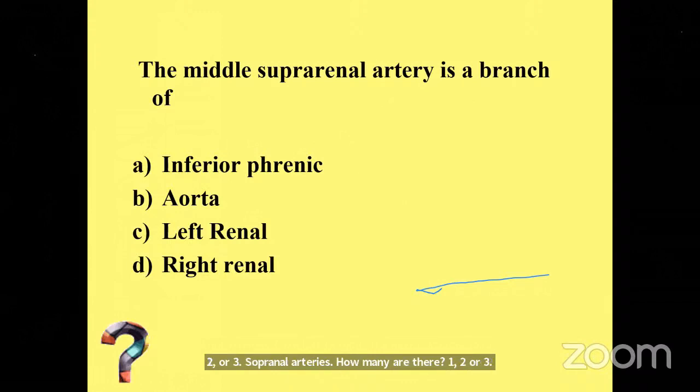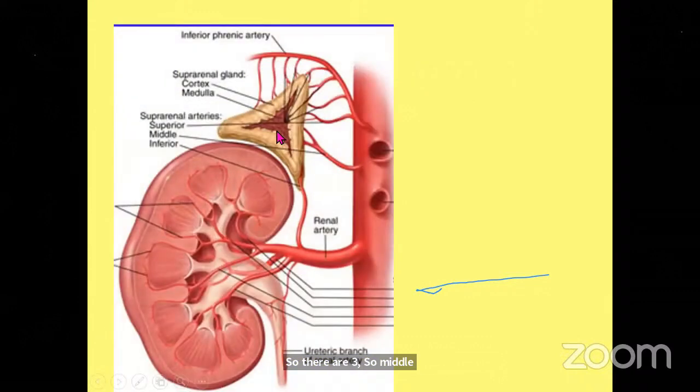If you have a middle, then obviously you should have one above and one below. That is the clue, right? So there are 3 suprarenal arteries. The middle is actually coming from the aorta. So this is how you get the suprarenal arteries: the superior one, the middle one, and the inferior one.